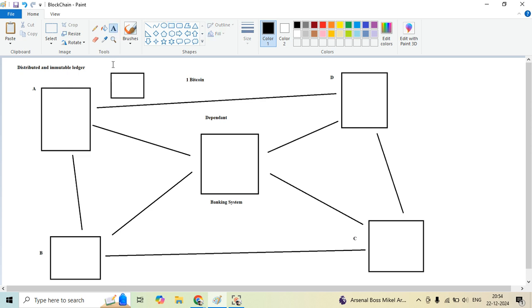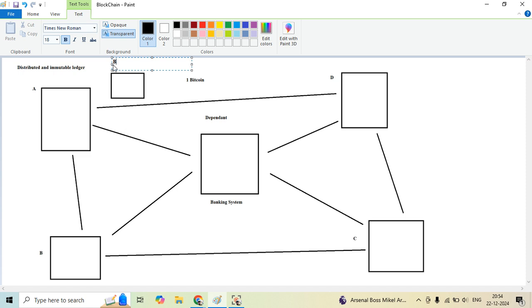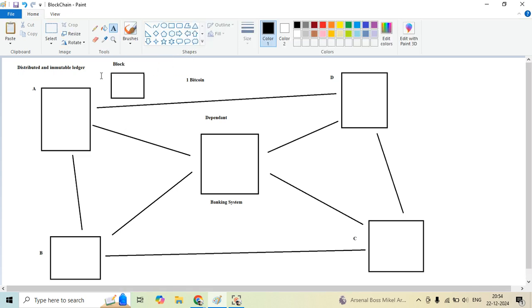It makes a simple block, and this block acts as a transaction. Let's suppose in the banking system, A had to send C some money, that was put as a transaction or as a record in this banking system. Now in the blockchain, that one single record is known as a block.